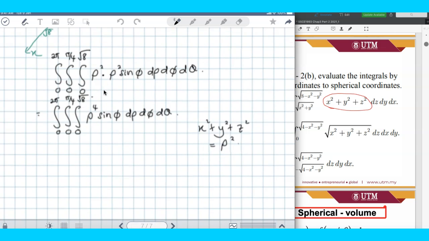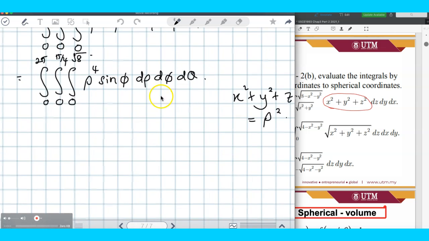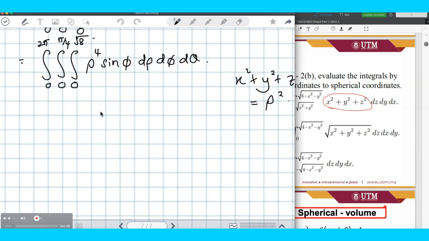I don't want to complete this, so please complete it yourself, because I think the integration is not so complicated. You just integrate rho to the 4 d rho, so you will get rho to the 5 over 5, and after that you have to integrate sine phi d phi. Just integrate sine, it's easy, and then you can evaluate and get the answer.